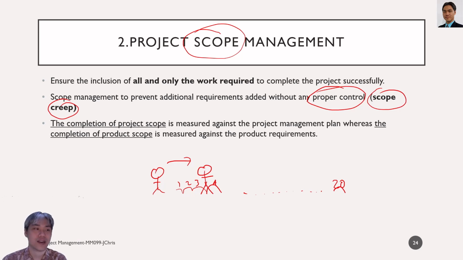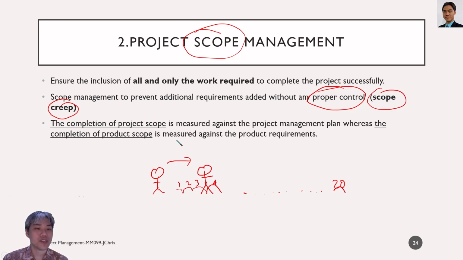When it comes to the scope of the project, we need to be very exact. We need to be very detailed about what will be done and what will not be done.